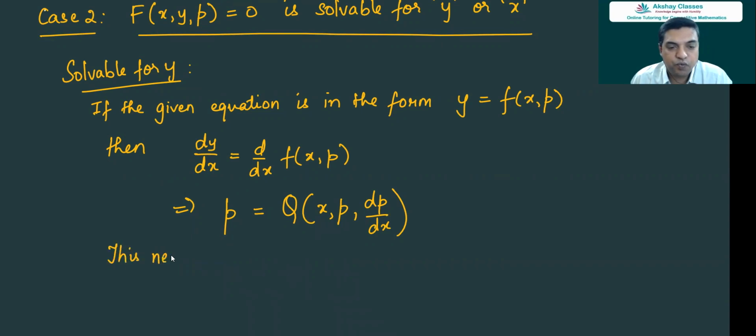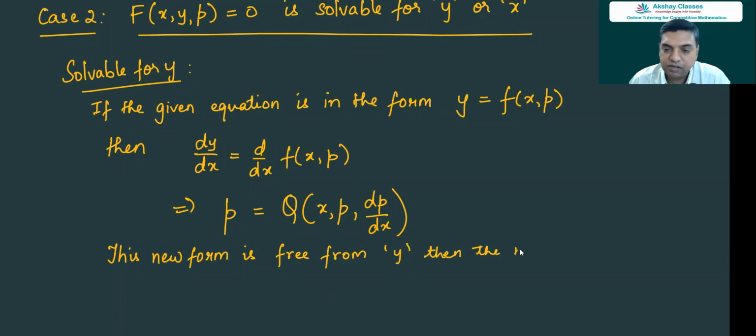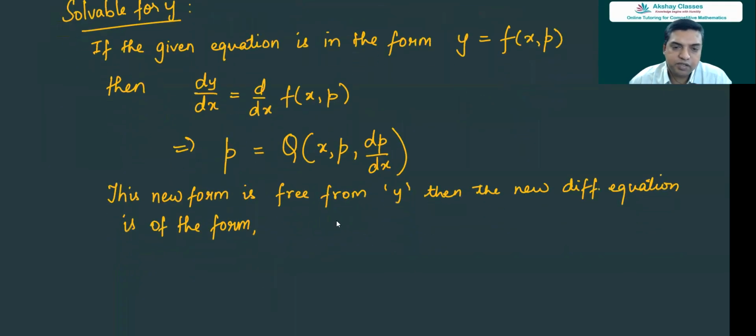This new form is free from y. So that is solvable for y. Then the new differential equation is of the form f of x, p and dp by dx.